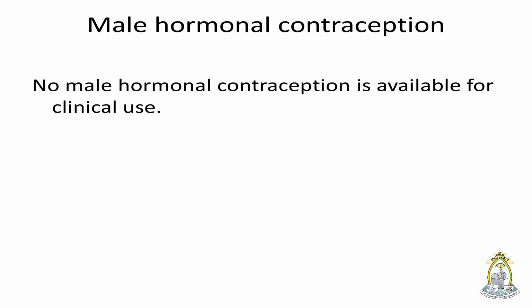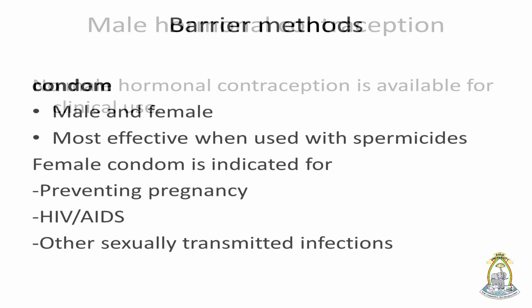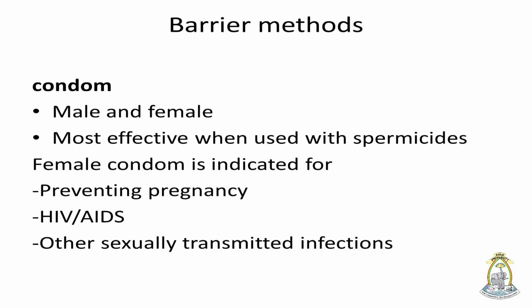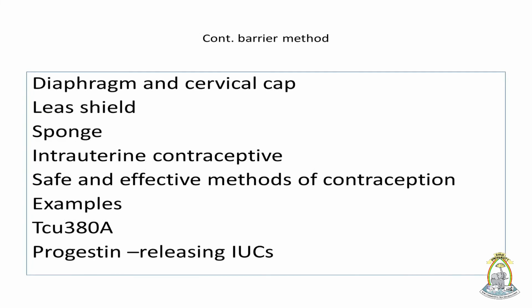We have male hormonal contraception. It's not yet available for clinical use. We have the condom for male and female, which is under the barrier methods. It's most effective when used with spermicides. Of course, the female condom is indicated for prevention of pregnancy, HIV/AIDS, and other sexually transmitted infections.